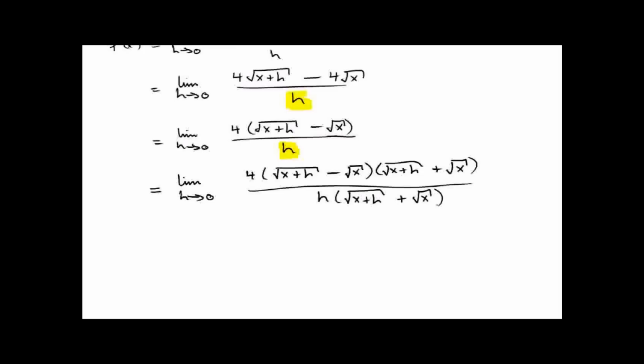So whatever you do to the top, you've also got to do to the bottom. Okay? So that's equal to the limit as h approaches 0 of 4 multiplied by, anybody spot anything on top?